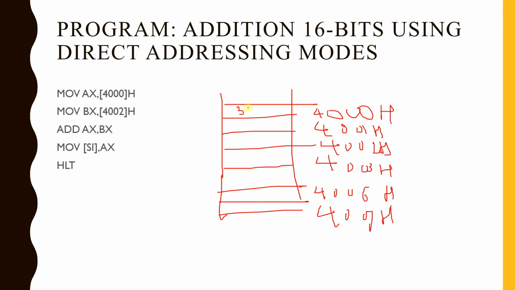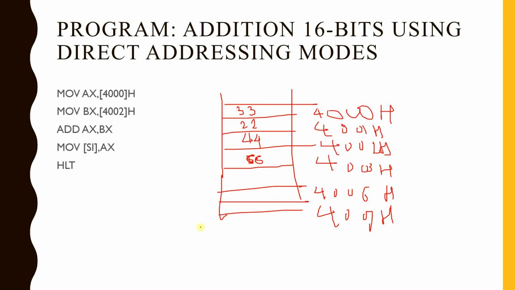Okay, so suppose our numbers present here are 33 in the lower byte, 22 in the higher byte, 44 in the lower byte, and 55 in the higher byte. Instead of 55 I am writing 66, because 5 and 6 look the same there, so 66.